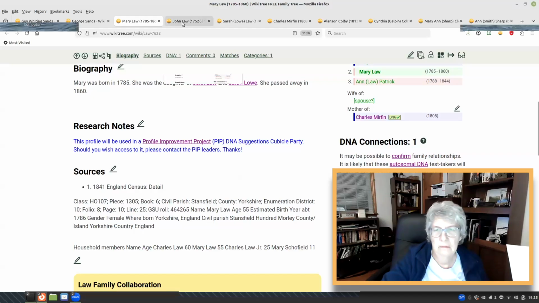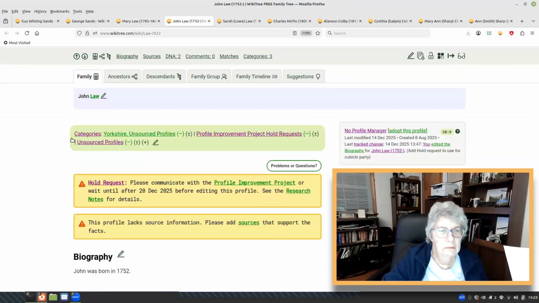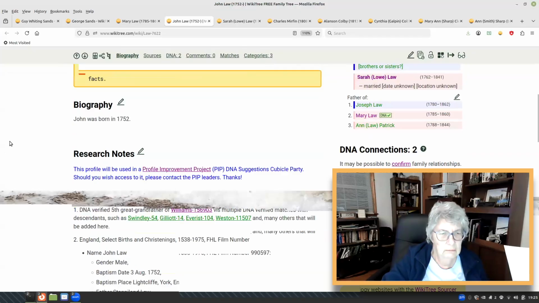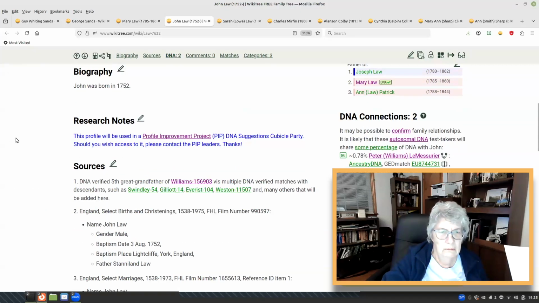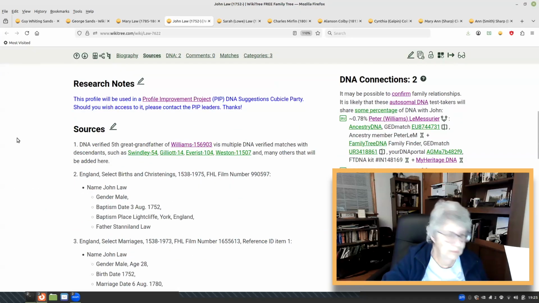Let's look at the parents and see what they say. Okay, he's interesting. Isn't this interesting? DNA sources. This is not valid, that has nothing to do with Mary.